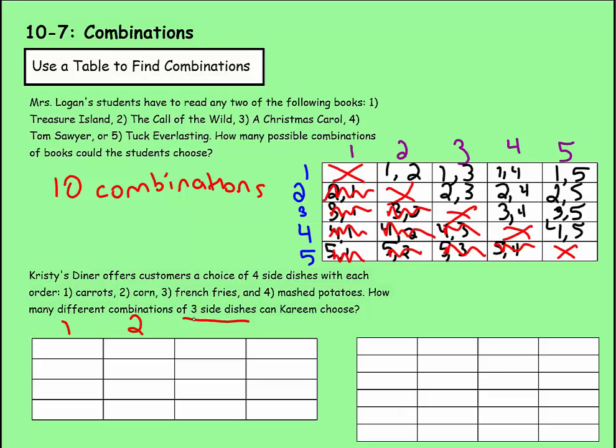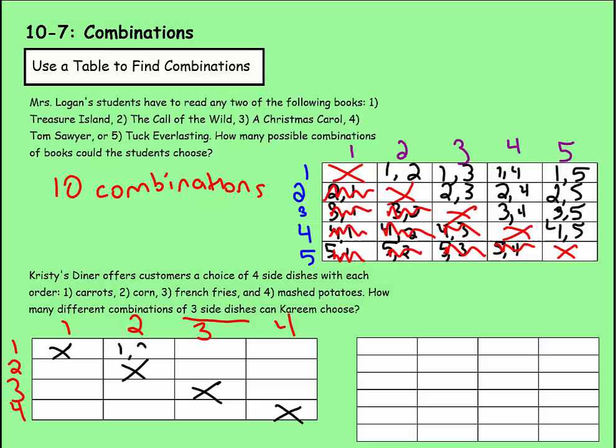So we have 1, 2, 3, and 4. And 1, 2, 3, and 4. So we know that 1 and 1, 2 and 2, 3 and 3, and 4 and 4 aren't combinations.